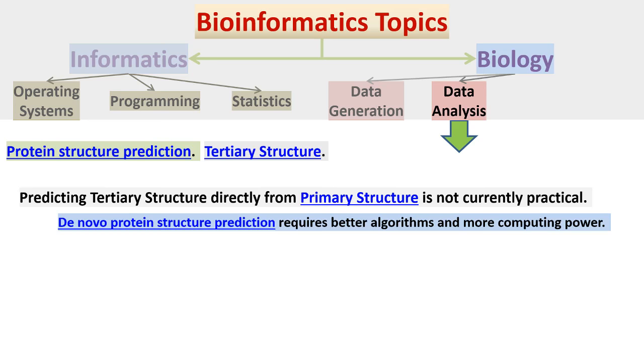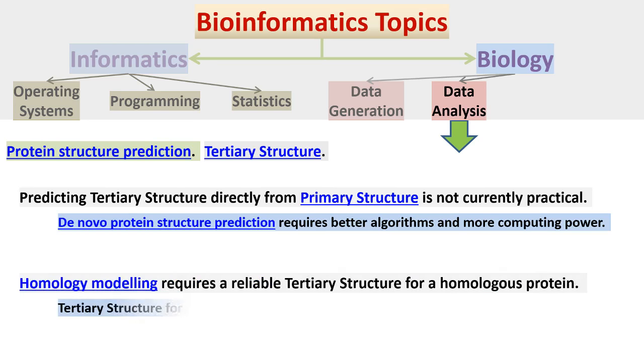Simplistically, all possible folds would be evaluated, the conformation with the lowest overall energy being the winner. Due to the vast number of possible folds to consider, this would not be generally a practical approach. However, the potential benefits of de novo protein prediction are such that it is a very active field of research. Maybe one day, with better algorithms and increased computing capacity, it will become common practice.